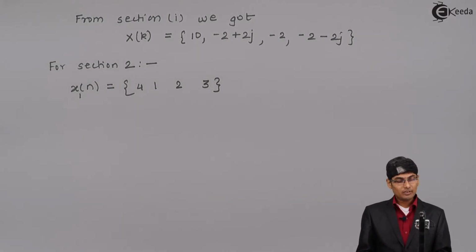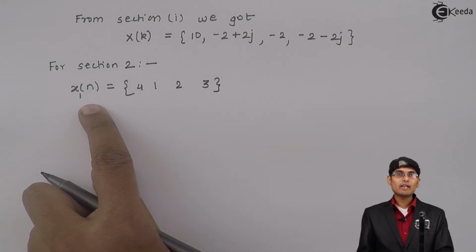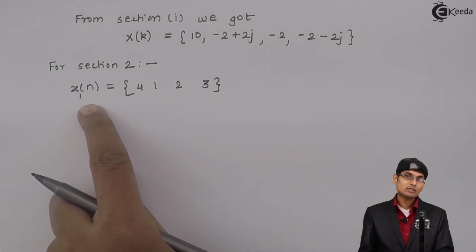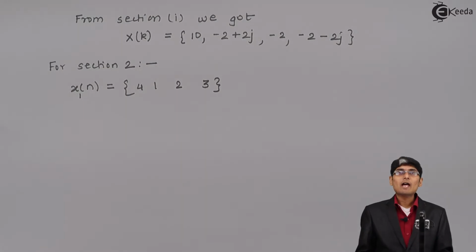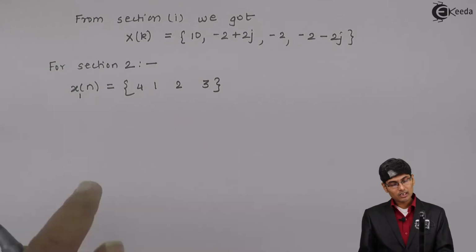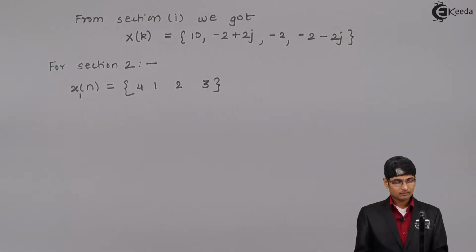So, I need to bring the new sequence x1 of n in relation with x of n, and then do the tweaking part, which will result in the answer for x1 of n.